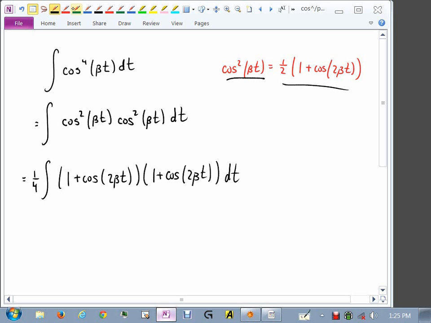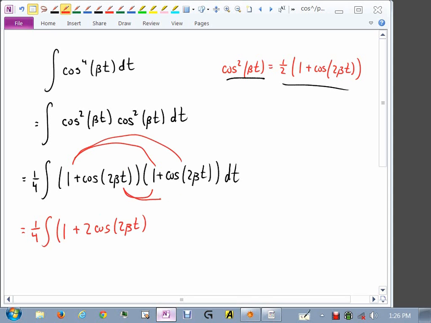And now we will expand this. So we will multiply 1 times 1. We get 1. 1 times cosine 2 beta t, and then we add to that another one of those, so we get 2 cosine of 2 beta t. And then when we do the last multiplication, since they're the same thing, we're multiplying them together, we're squaring it.